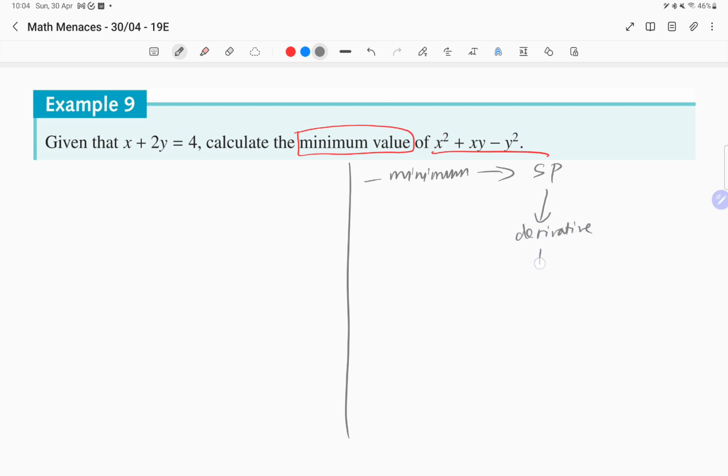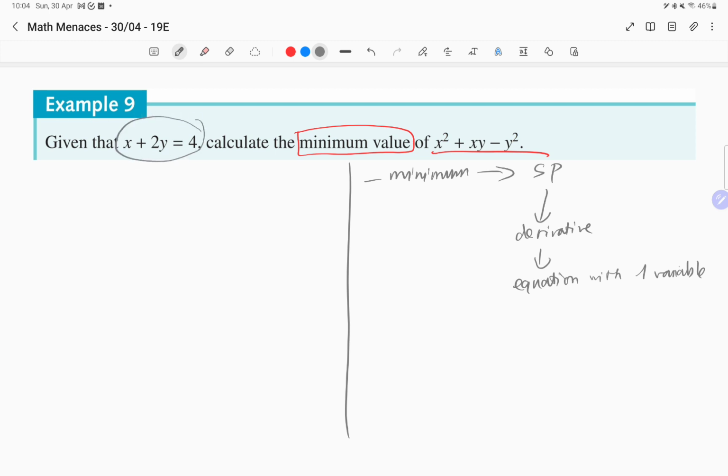And to calculate the derivative, you need an equation. But remember, when you derive, you need an equation with one variable only. In this case, we have two variables, x and y. So how do we get just the one variable?